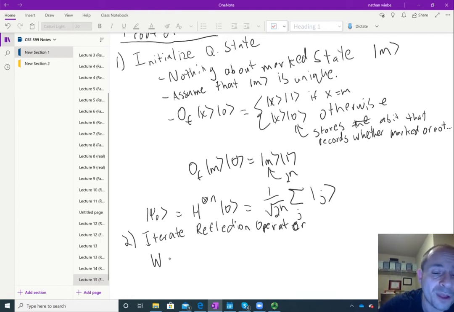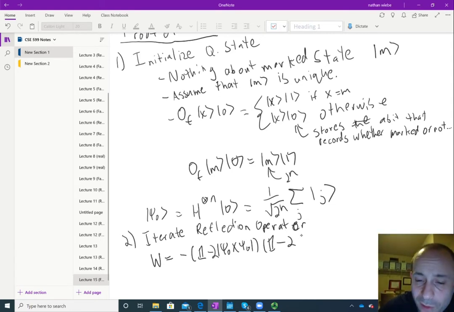So I'm going to call this reflection operator W, and I'm going to write it out in a kind of mysterious way. But I'll spend some time to explain what's going on and why this ends up working. So I'm going to put a negative sign here and say this is identity minus 2 psi naught, times identity minus 2 m.